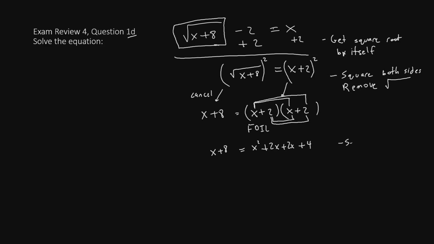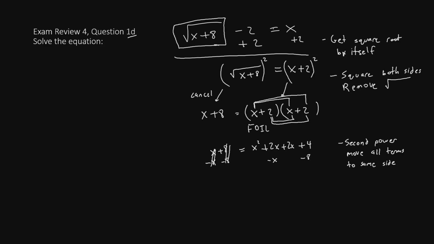Now, since we have a second power equation, we're going to move everything to the same side. So let's subtract the x from both sides. This will cancel the x, and subtract 8 from both sides.